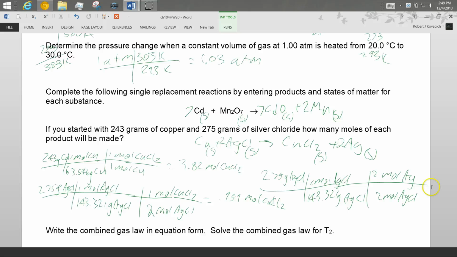All right, do we have a number with this one? Okay. So my answer is that 0.9 and that 1.92.